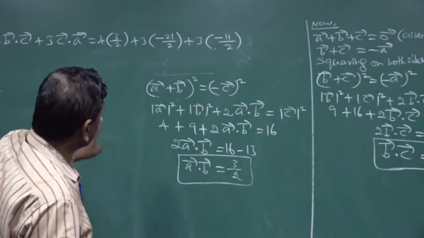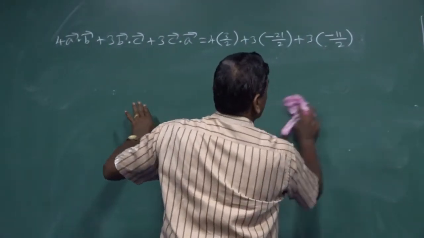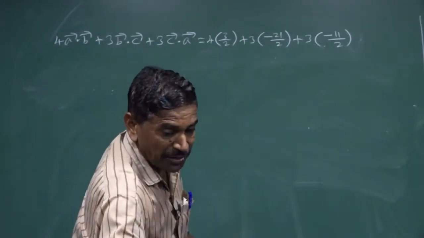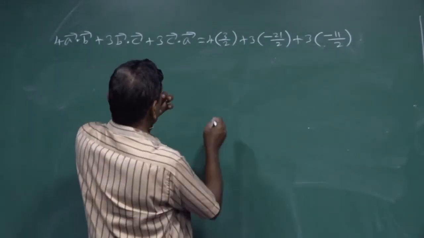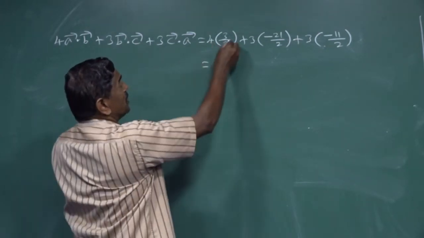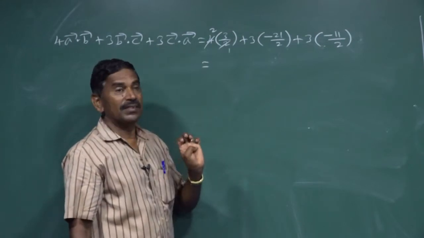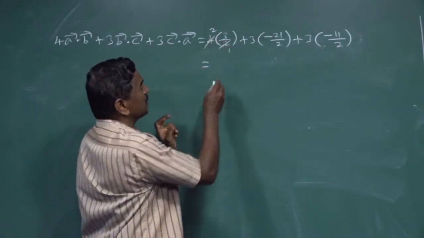Now just the simplification. Listen, now do the simplification yourself. Here 4 by 2, 1 2 is 2, 2 2s are 4. Now simplification please. 2 3s are 6.